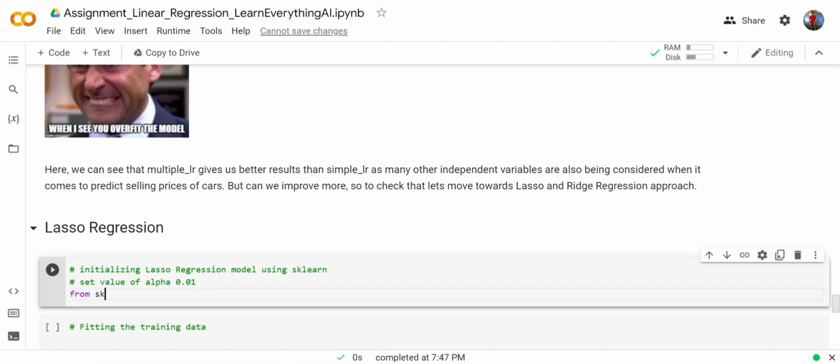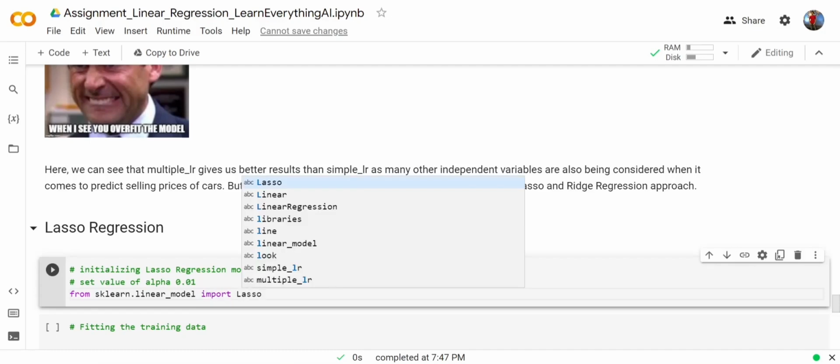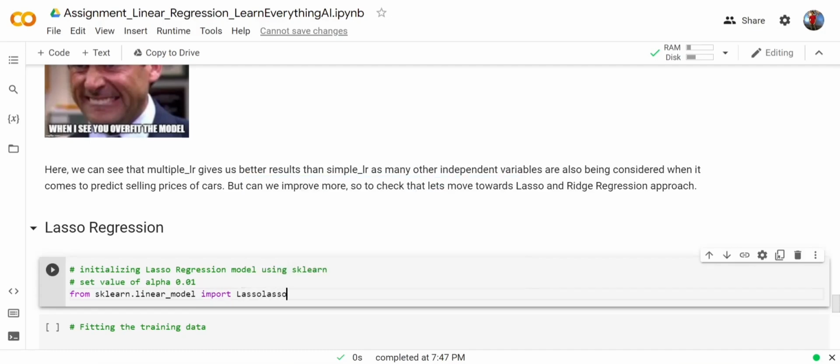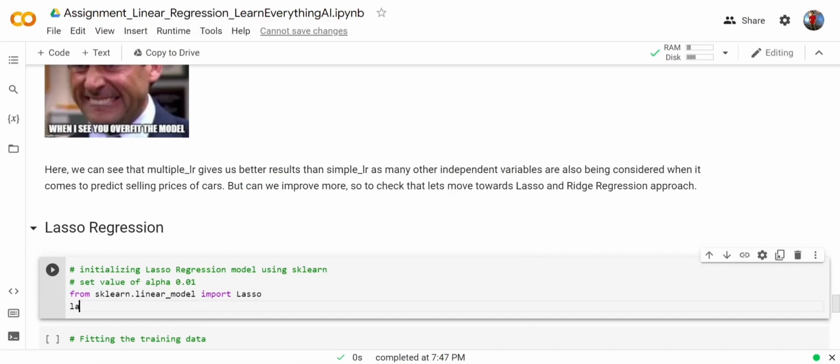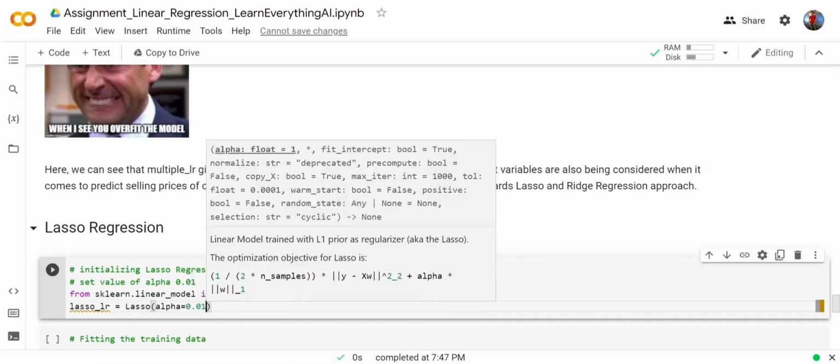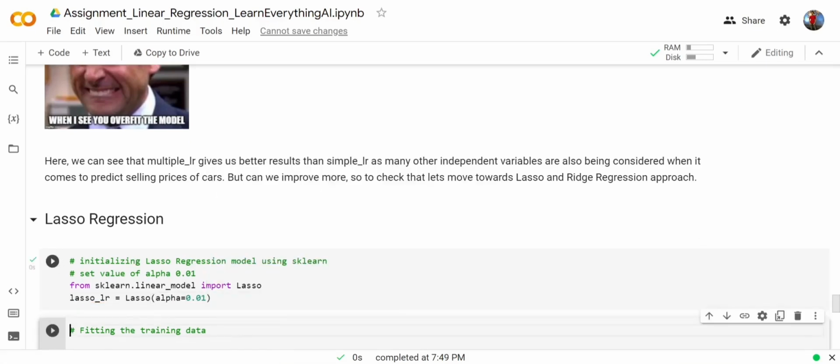So now from sklearn.linear_model, we import the Lasso function, and then we define a variable called lasso_lr equal to Lasso, and we also have to define the alpha value, which we say 0.01. Yeah.